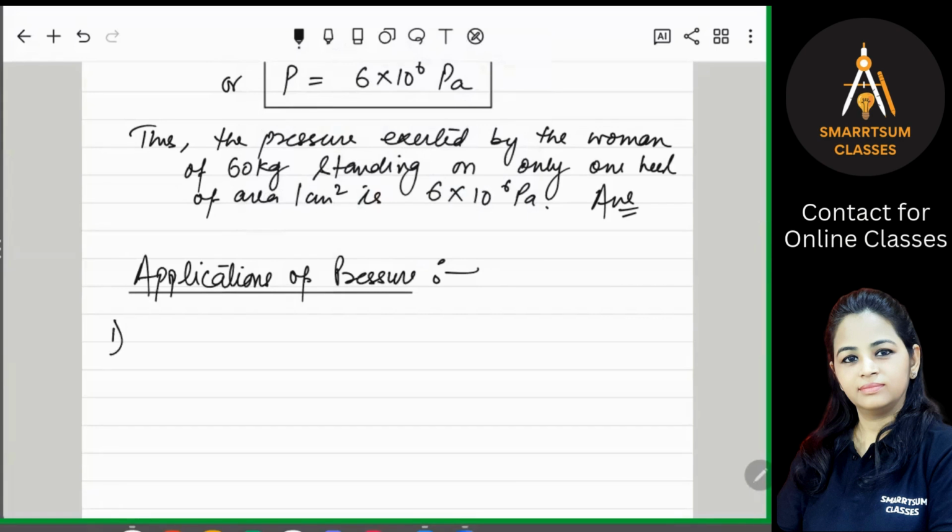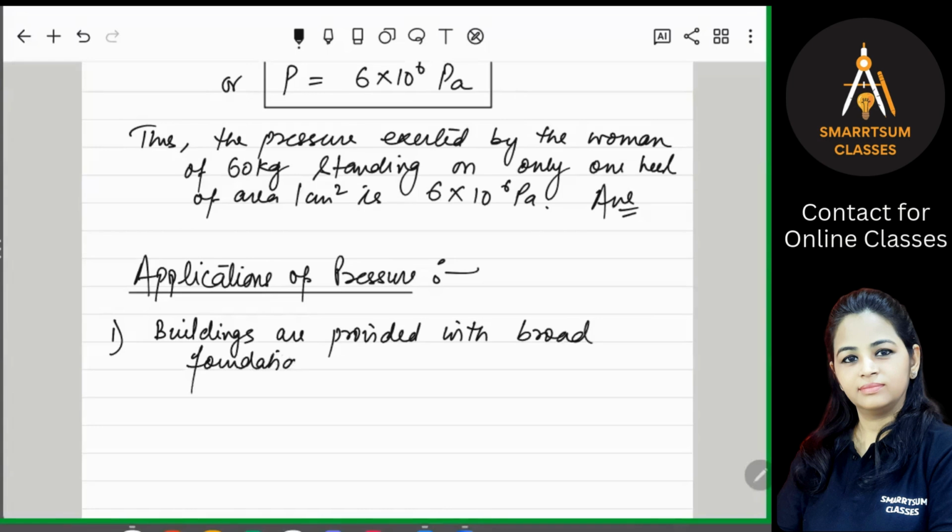Buildings are provided with broad foundations, right? Why? So that the pressure exerted on the ground becomes less, right? To increase the area on which that force is exerted by the big structure.